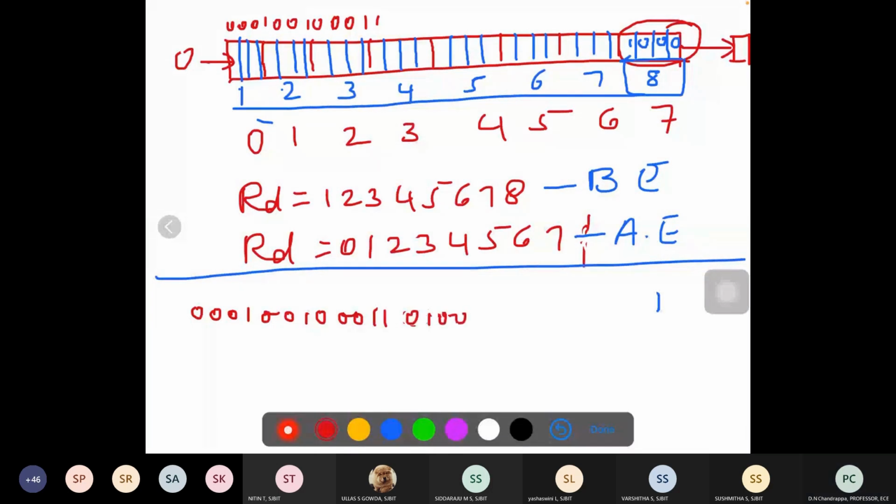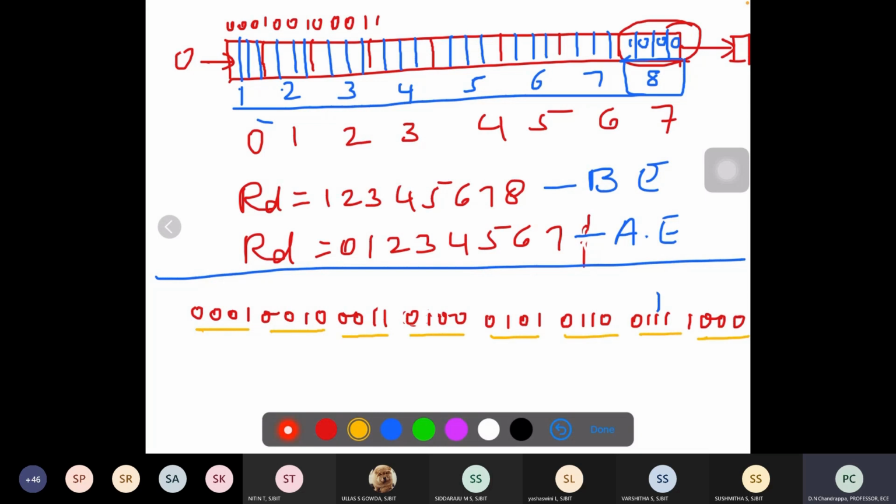1 2 3 4 1 0 0 0 1 2 0 0 0 1 0 3 0 0 1 1 4 1 4 0 1. That is mistake. 4 means 0 1 0 0 5 0 1 0 1 6 0 1 1 0 7 0 1 1 1 8 1 0 0 0.